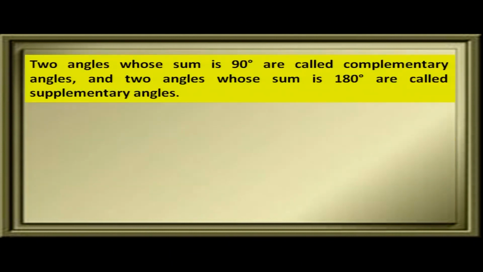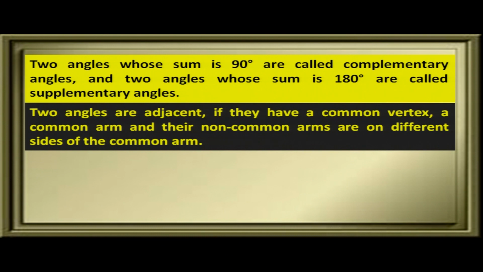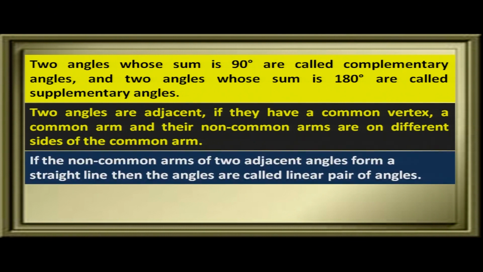Two angles whose sum is 90 degree are called complementary angles, and two angles whose sum is 180 degree are called supplementary angles. Two angles are adjacent if they have a common vertex, a common arm, and their non-common arms are on different sides of the common arm.